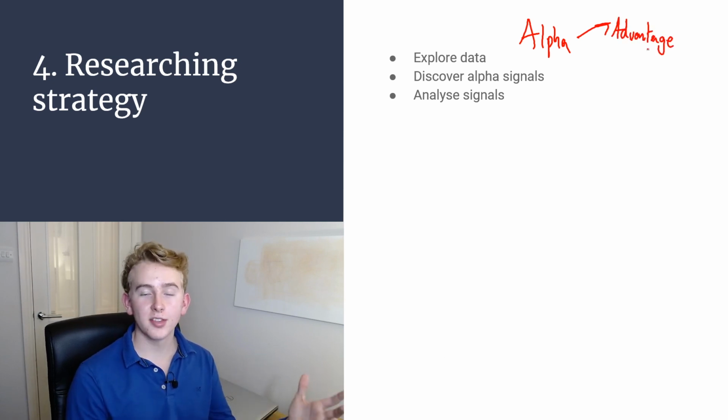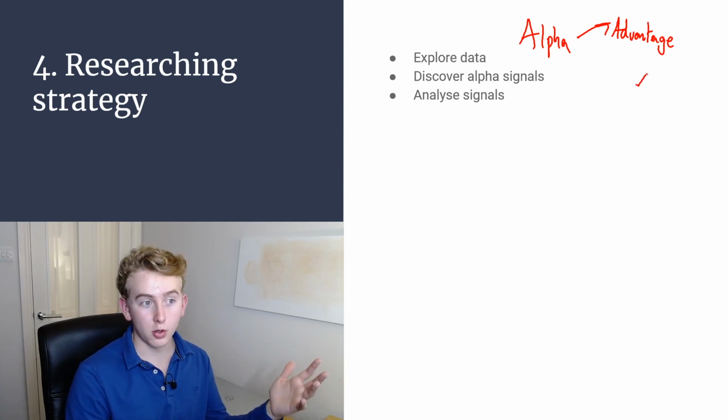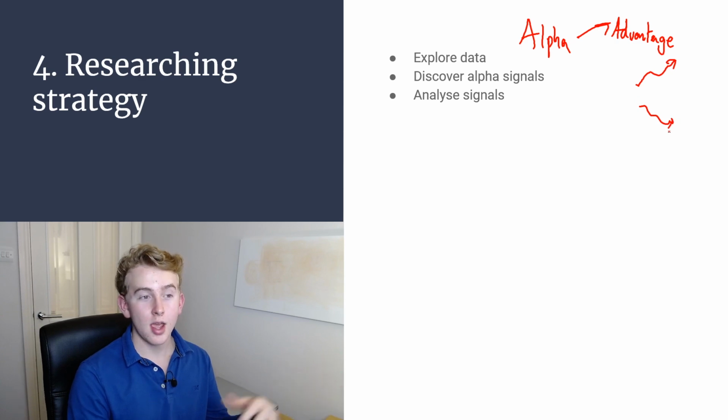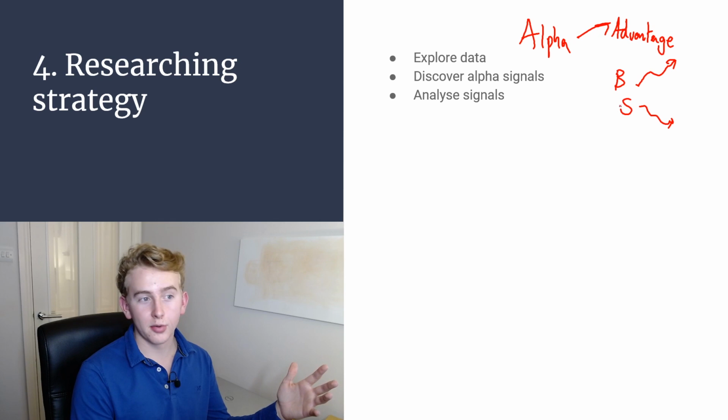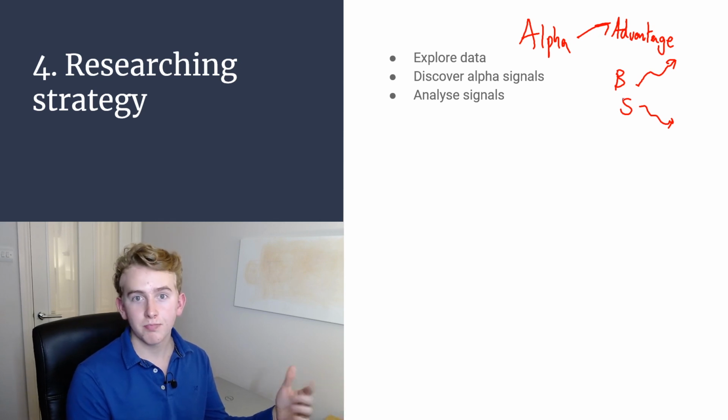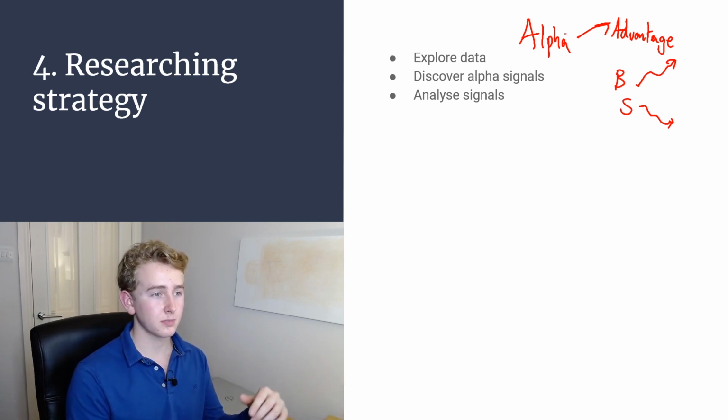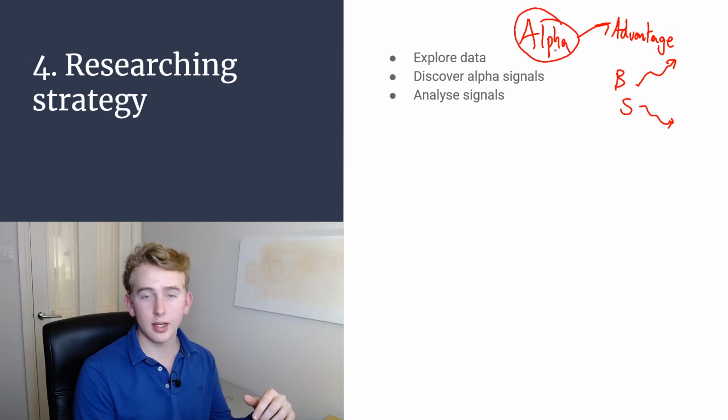When I say advantage, I mean knowing whether a stock will trend up or trend down. If we know this before everyone else, then we can buy or sell at each point to maximize our returns. So alpha is the key part of this.